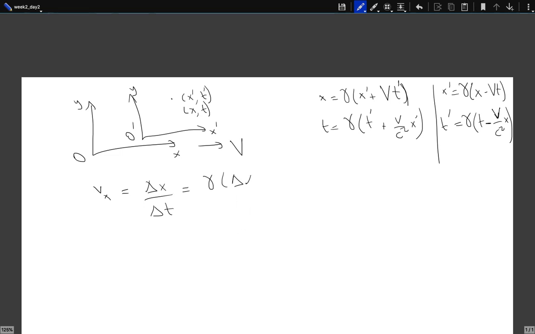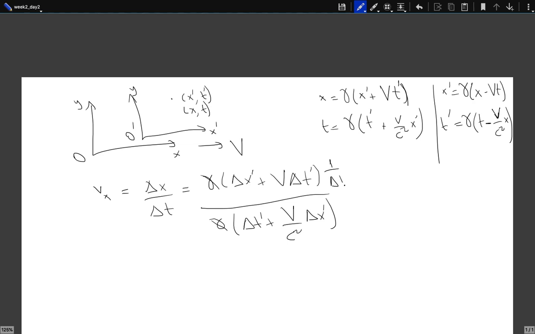So this was gamma times (delta x prime plus v delta t prime) divided by gamma times (delta t prime plus v over c squared delta x prime). We canceled the gammas, divided the numerator and denominator by delta t prime, and we obtained vx prime plus capital V divided by 1 plus capital V times vx prime over c squared.